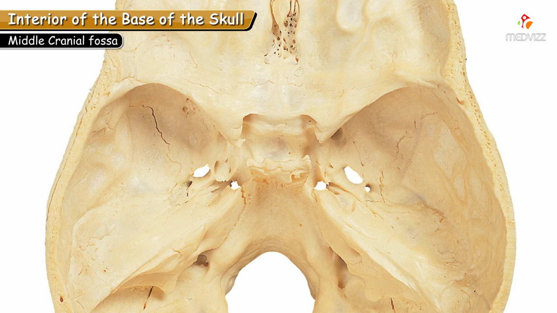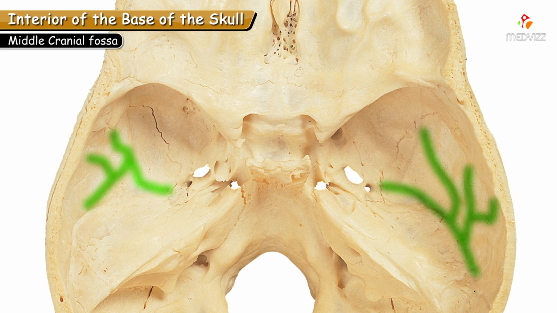Apart from all these features, we can see some grooves running laterally in the middle cranial fossa. These markings are made by the middle meningeal vessels, and these grooves are even appreciated on the inner surface of the skull cap or calvaria. So this completes the important features of the middle cranial fossa.